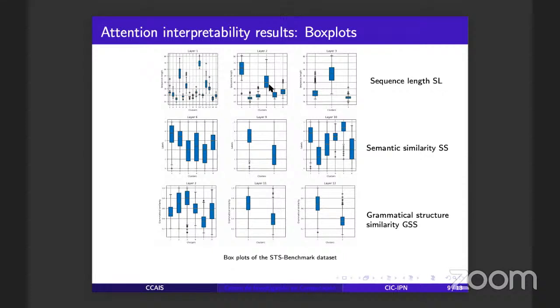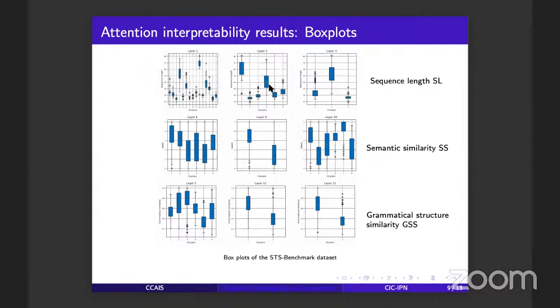These are box plots. With box plots, you can analyze measures of central tendency, for example, the median. In the case of sequence length, for example, in layer 3, you can see 3 clusters.